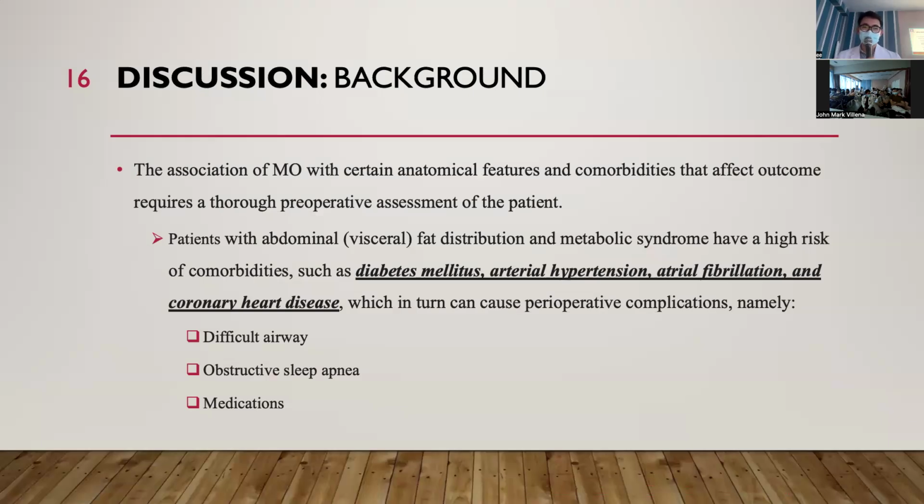Patients with abdominal visceral fat distribution and metabolic syndrome have a high risk of comorbidities such as diabetes mellitus, arterial hypertension, atrial fibrillation, and coronary heart disease, which in turn can cause perioperative complications, namely difficult airway, obstructive sleep apnea, and so on. And the severity level of these comorbidities needs to be noted.